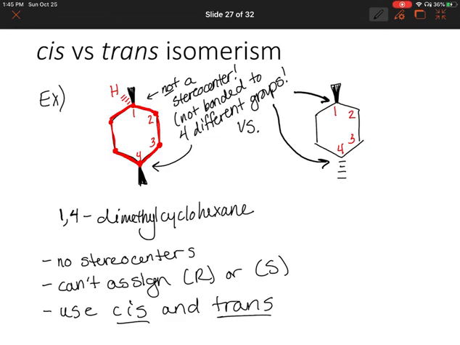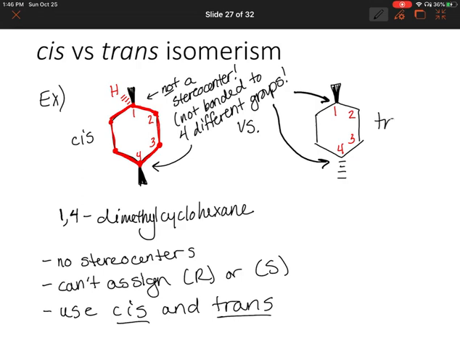So looking at our molecule on the left-hand side, we have 2 methyl groups that are both wedges. So they are both pointing up. So that is a cis molecule. And then on the right-hand side, we have a molecule where one methyl group is pointing up, one is pointing down. So those are opposite each other on the molecule.